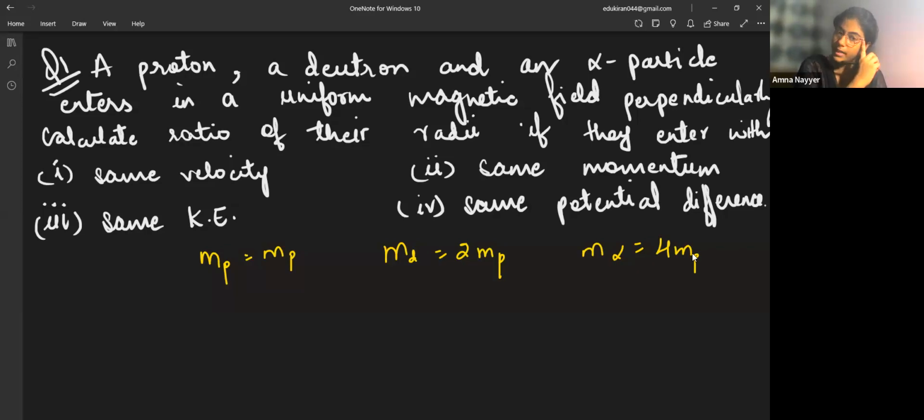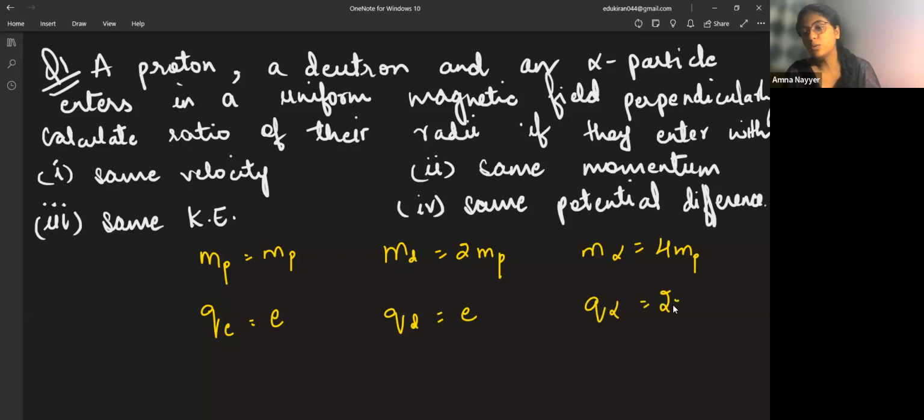You have to remember this. Regarding the charges: the charge on the proton is the electronic charge, 1.6 into 10 to the power minus 19. The charge on a deuteron is also the electronic charge, but the charge on an alpha particle is 2 times the electronic charge.